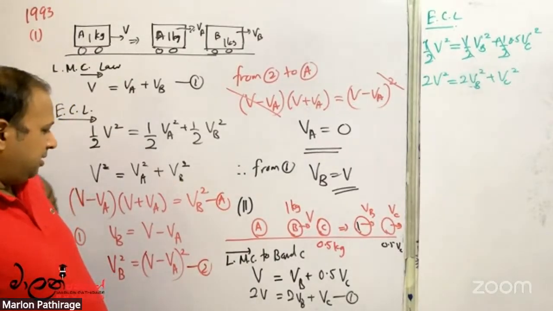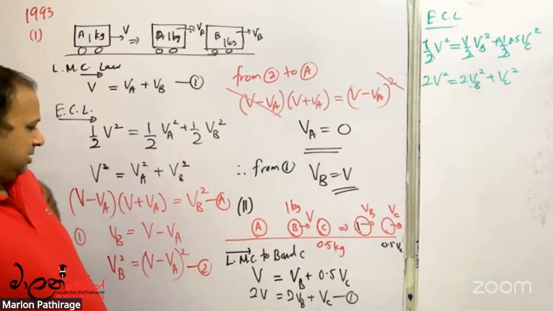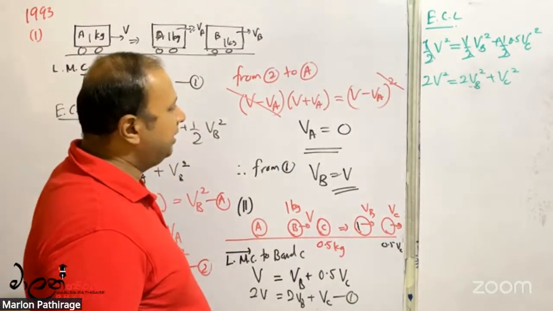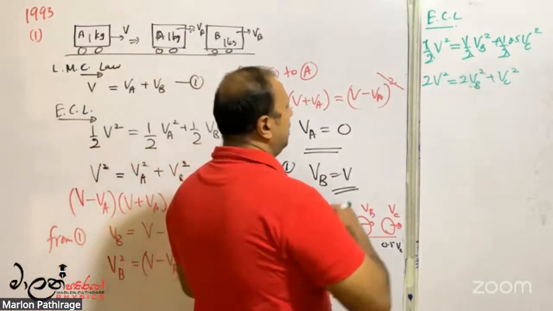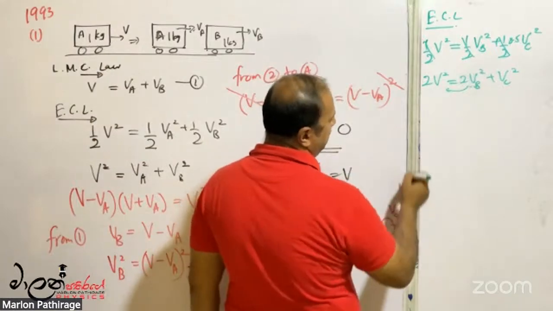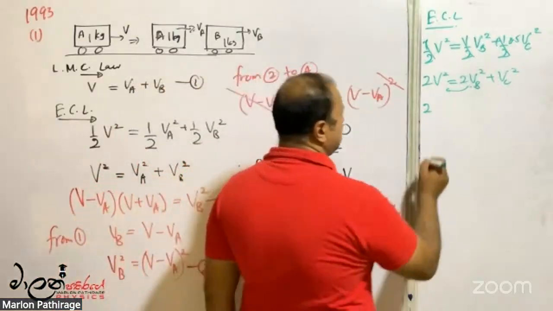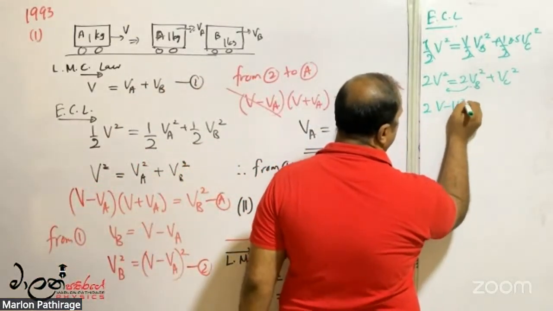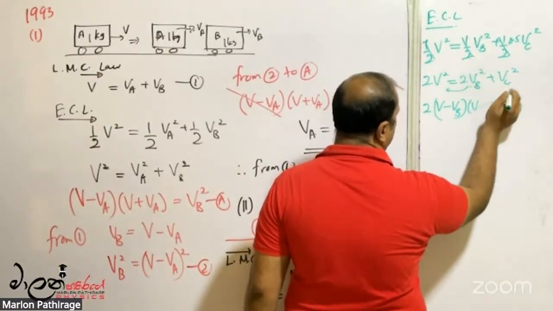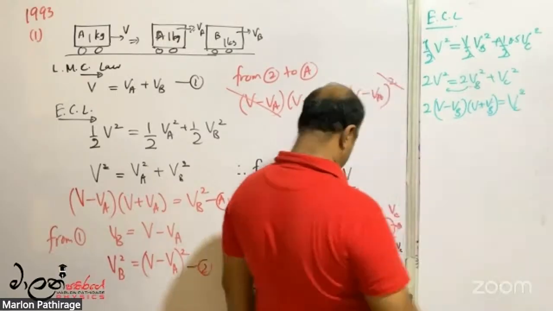Difference of squares: if I take this one to this side, then 2 times the difference of squares, (v minus v_B) (v plus v_B), is equal to v_C square.